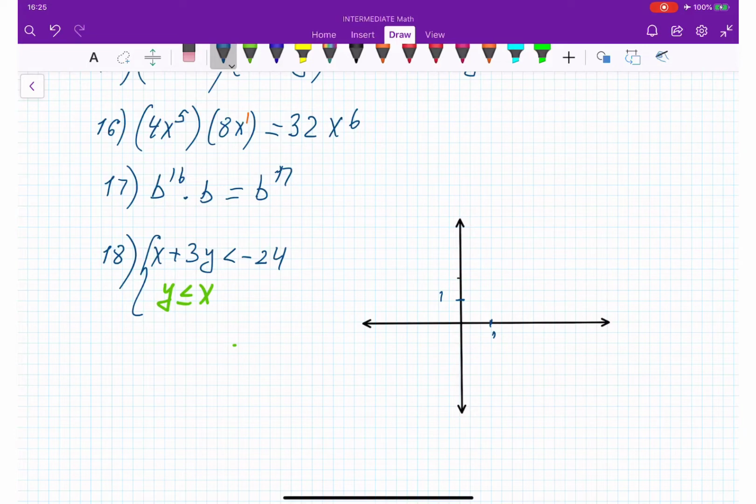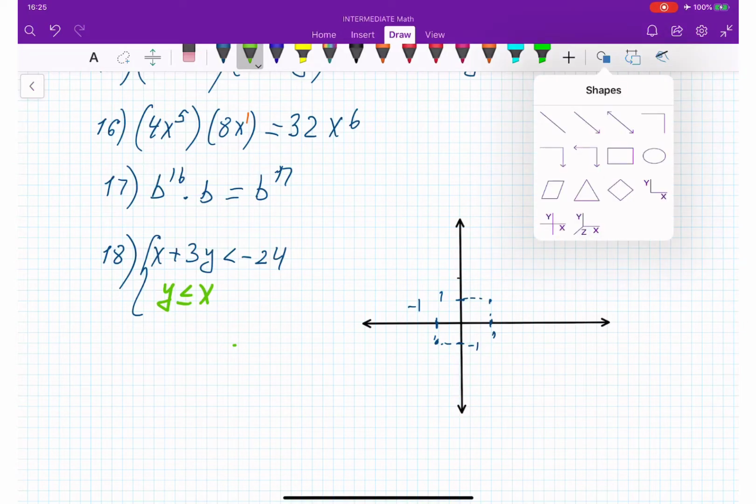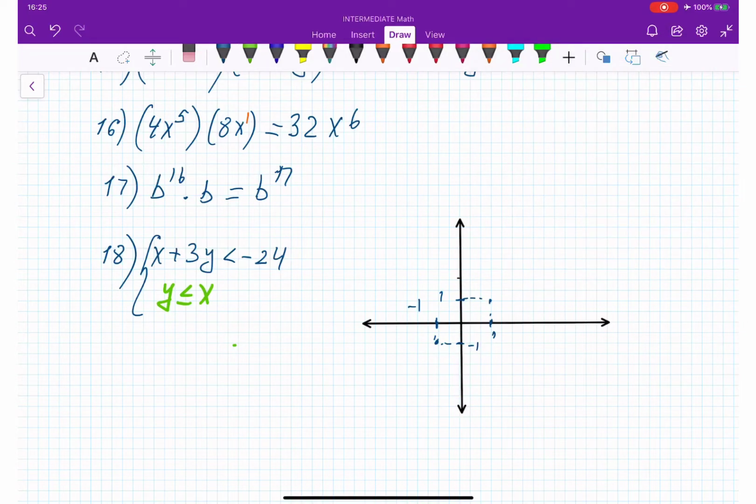X is equal to negative 1, y is equal to negative 1, right? And it's going to go through 0, because when x is equal to 0, y is equal to 0. It's going to create 45 degrees.